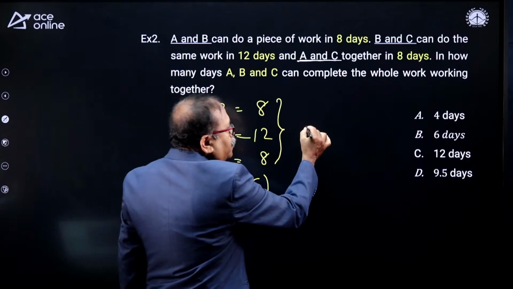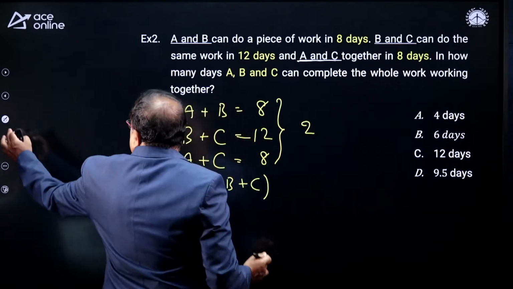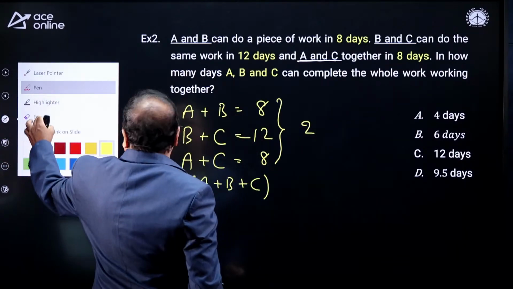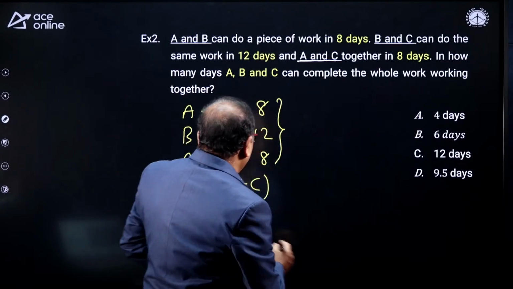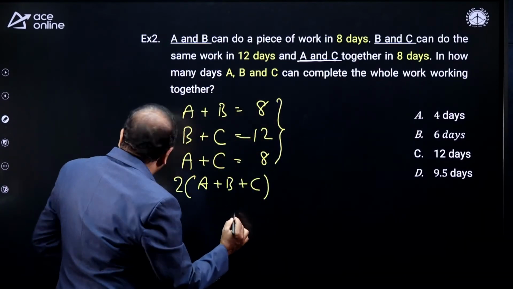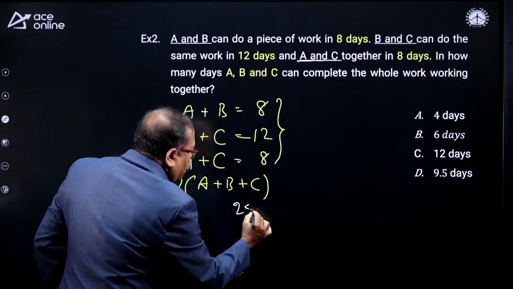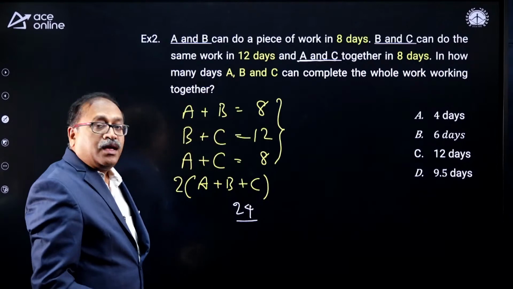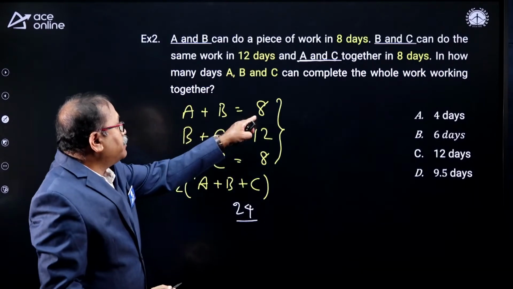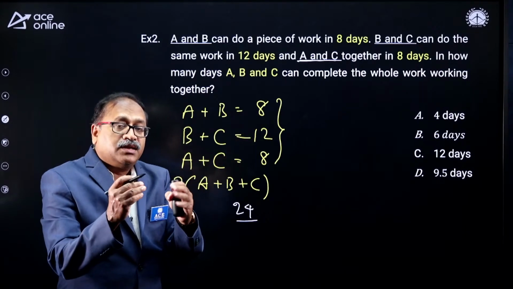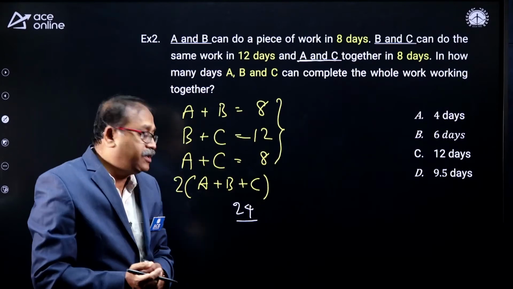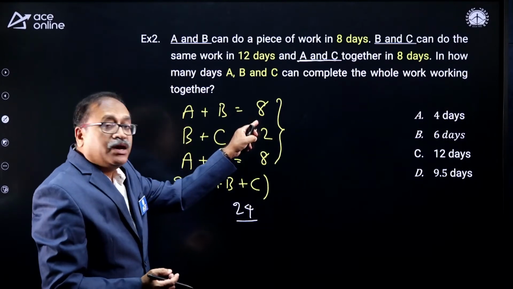So I'll call these 24 units the total work. I'll write down over here 24 units is the total work. And the 24 units is completed by A and B in 8 days. That means in 1 day, how many units will they complete? 24 divided by 8.